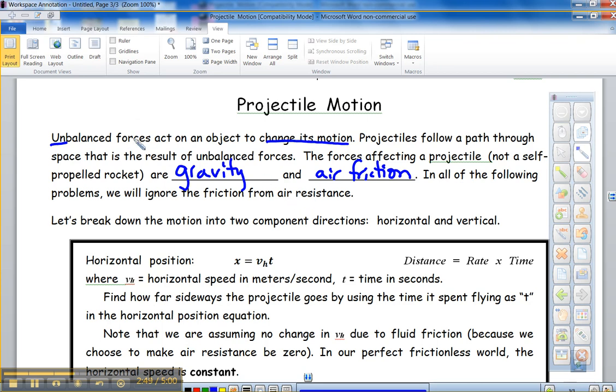So if forces are balanced, like say here's a ball, and somebody's pushing on it on one side and pushing on the other side, equal and opposite, it's only going to experience compression force. It's not going to change its motion and go sideways.